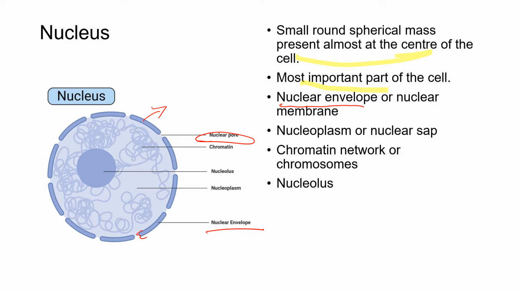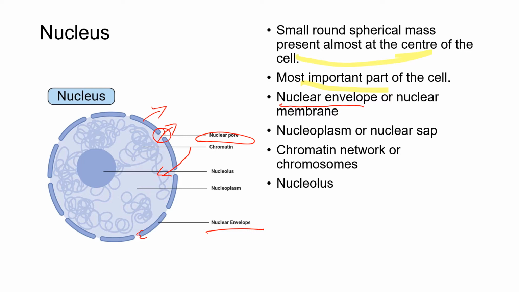Now, what is the function of the nuclear pore? We should know that. Nuclear pores control the passage of substances from outside into the nucleus and vice versa. You can see these pores. What is going to come out of the nucleus and what is going to enter into the nucleus is controlled by these nuclear pores.